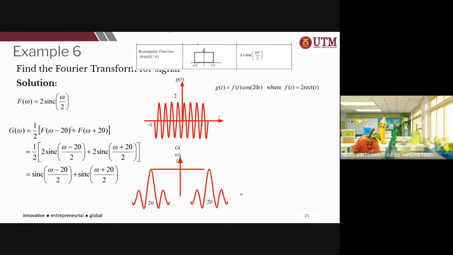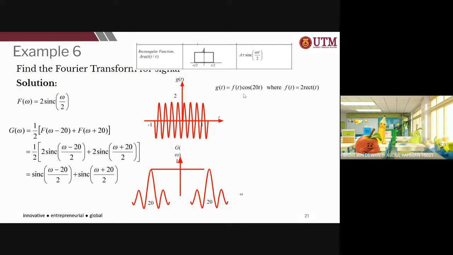Maybe sleeping. Okay, so it's because of the rectangular function. That's why it's limited from -1 to 1, following the rectangular. And you see we have 2 times 2, so 2 is the maximum here. So when you do the modulation, you will have half of the Fourier transform of this, which is omega minus 20 and omega plus 20.